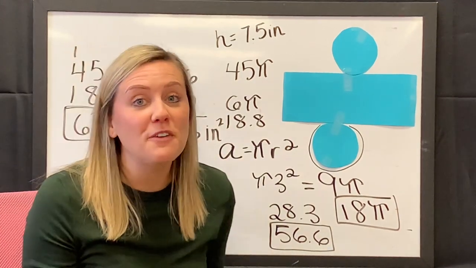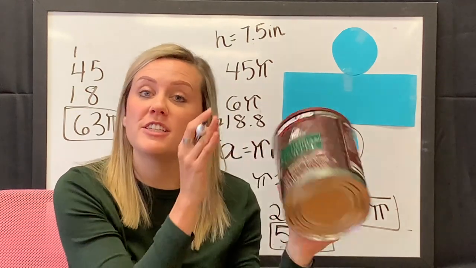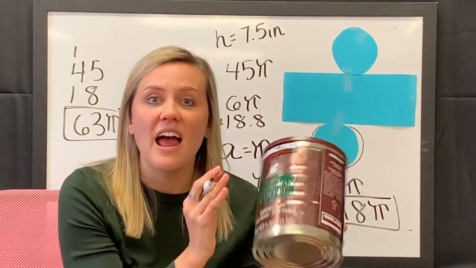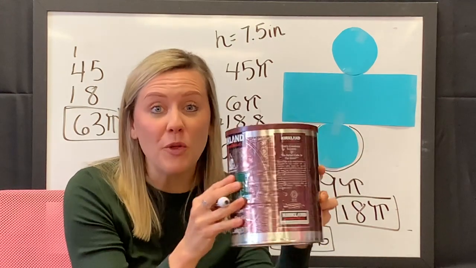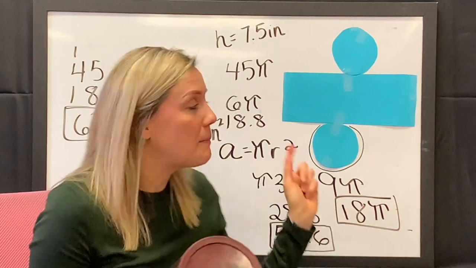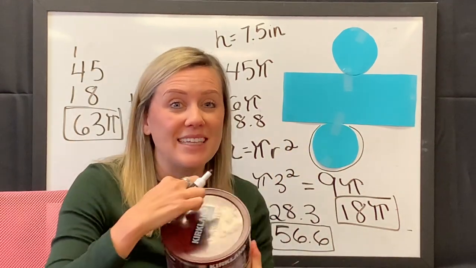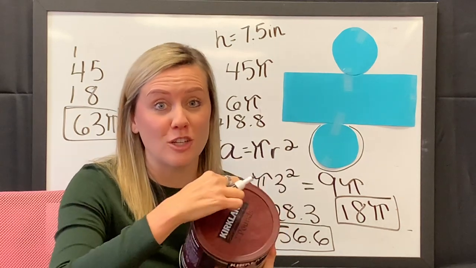So that is how you find the surface area of a cylinder. You find the area of the top and bottom circle, and then you find the area of the middle part, which is just a rectangle, but you just have to remember the length of your rectangle is the same as the distance around one of these circles.